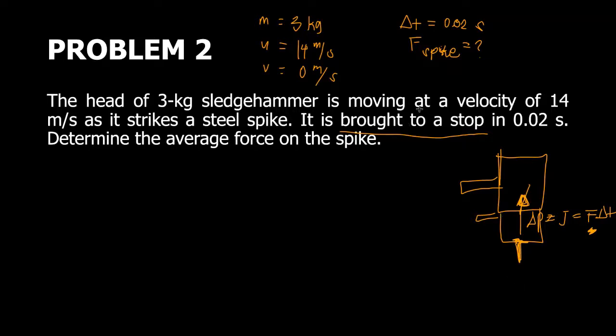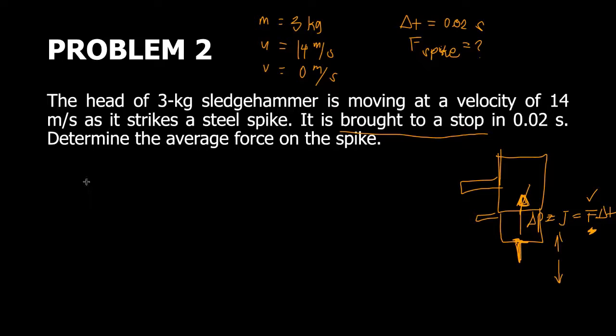How do you find the force acting on the spike? So by, again, third law of motion, yung force acting on the sledgehammer is equal in magnitude to the force acting on the spike. So technically, we're just finding this letter F here.